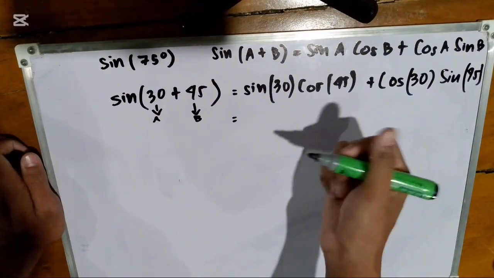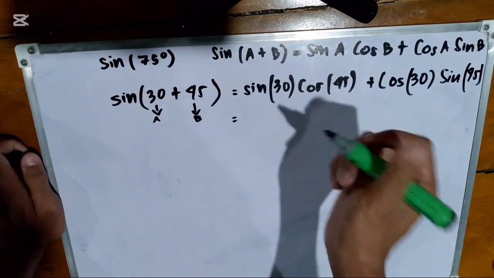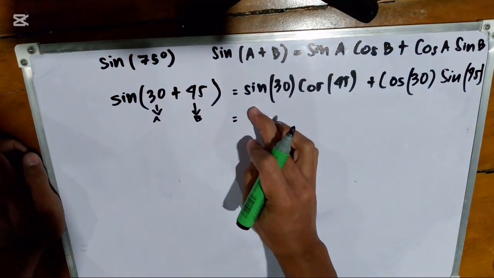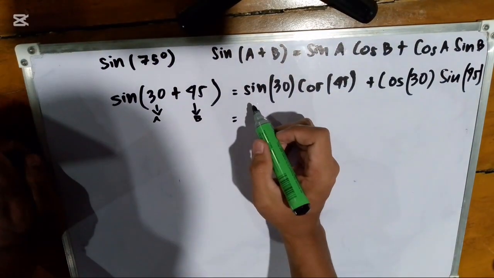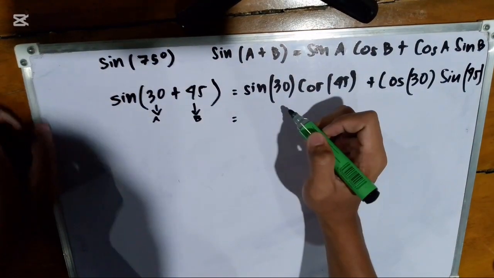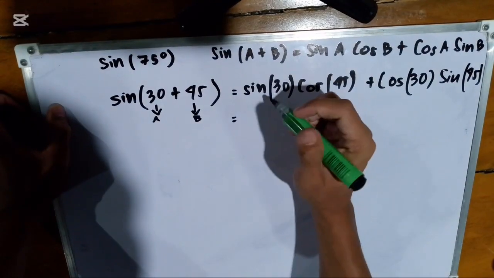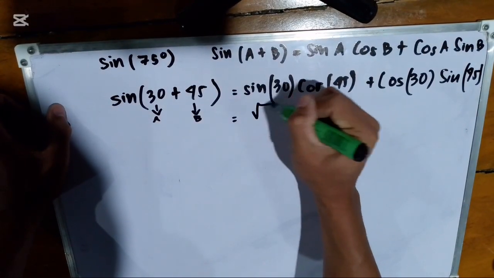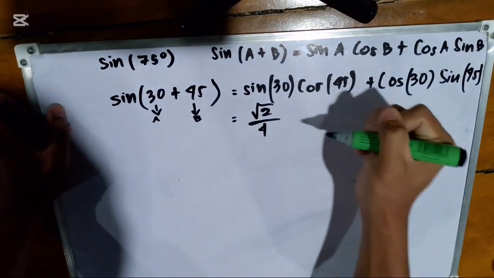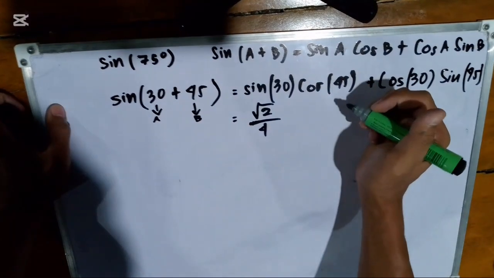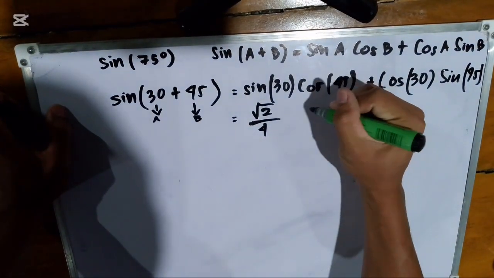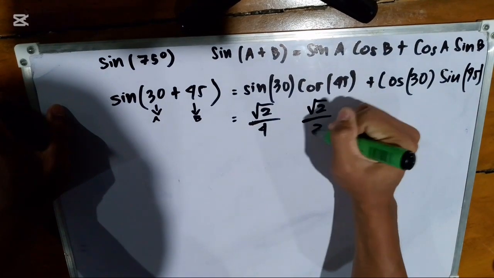And now, we will locate the corresponding values in the unit circle. The sine 30 degrees is root 2 over 4, and the cosine 45 degrees is root 2 over 2.